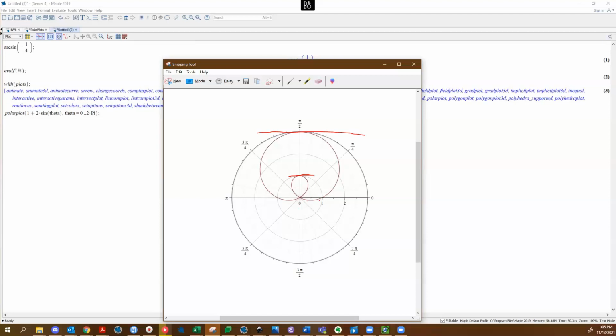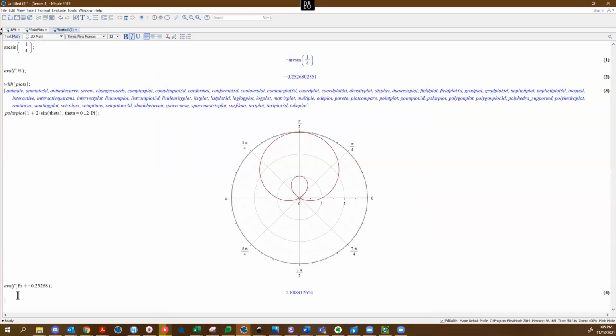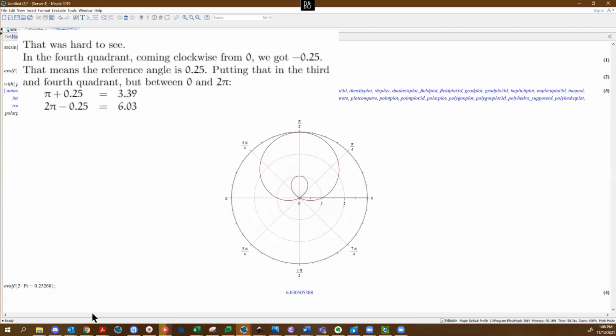So that looks like this one, and we should have another one over here. So where would that be? Sine is also negative in the 4th quadrant. So we're also going to get it at pi plus those radians. I tend to look at this between 0 and 2 pi to put this into that chunk. So I'm going to say 2 times pi minus that. So that's where we have a horizontal tangent.